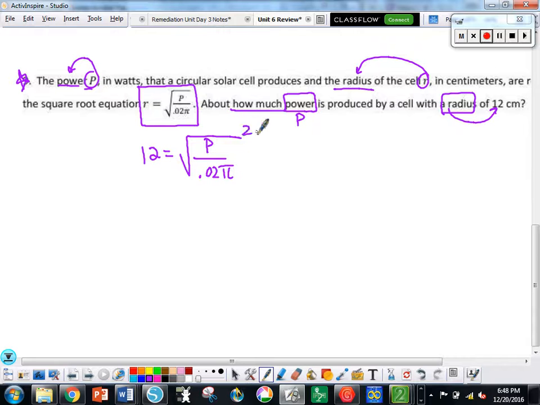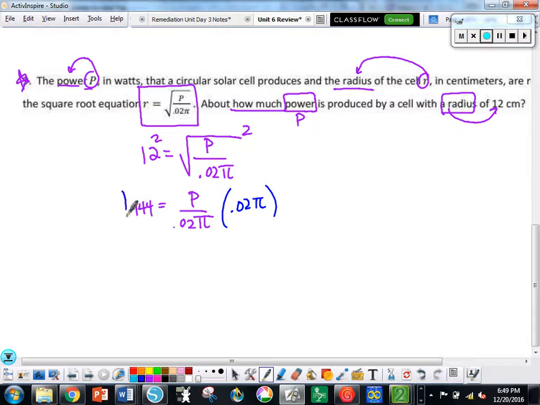Let's square both sides. So you get 144 equals the square root, nope, just kidding. The square root goes away, so P over 0.02 pi. And then to get rid of the 0.02 pi, let's multiply both sides by 0.02 pi.